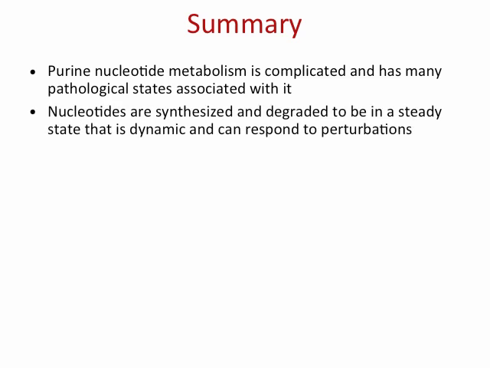The nucleotides are synthesized and degraded to be in a steady state that is dynamic, constantly making and degrading AMP. And I showed this with a node map with 4 reactions going in and 2 going out. And the result of this is an improved ability to respond to dynamic perturbation rather than the more rigid situation which we considered earlier, where the input flux of AMP, the forcing function, was simply a constant.